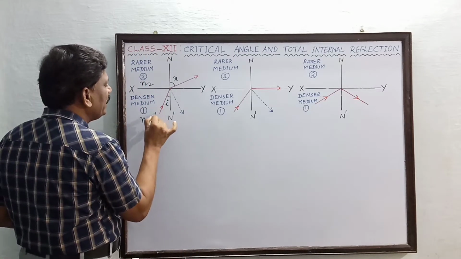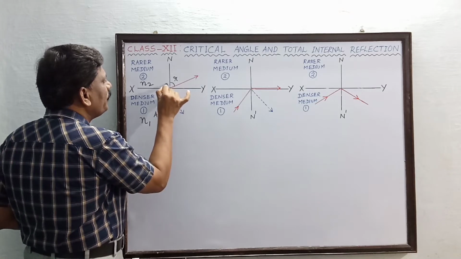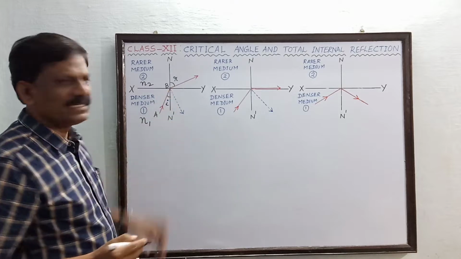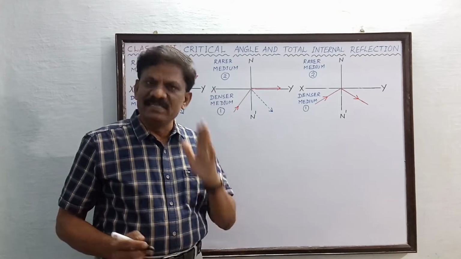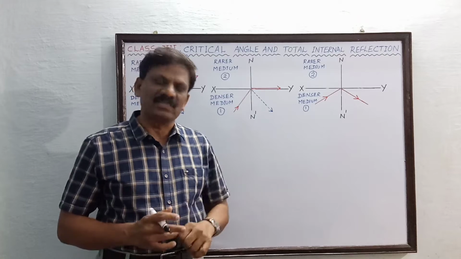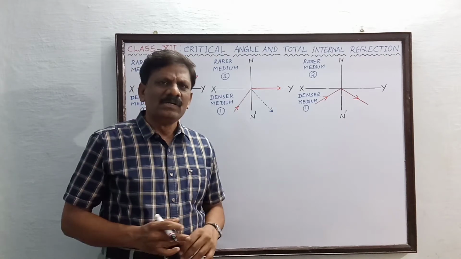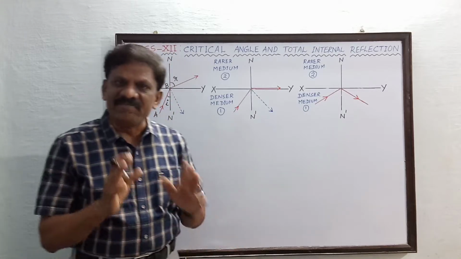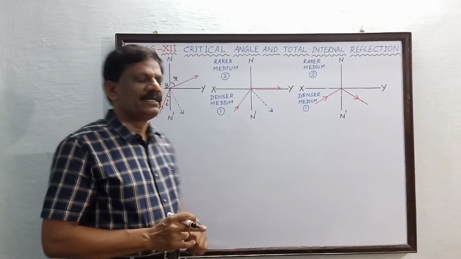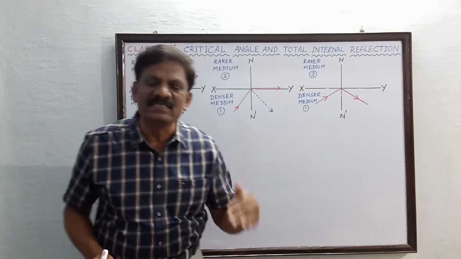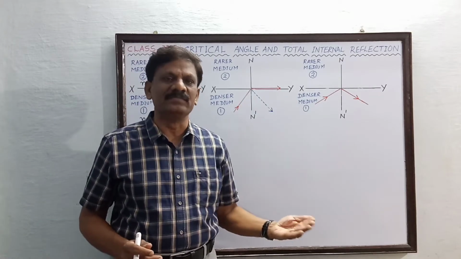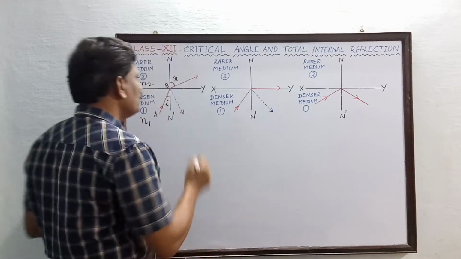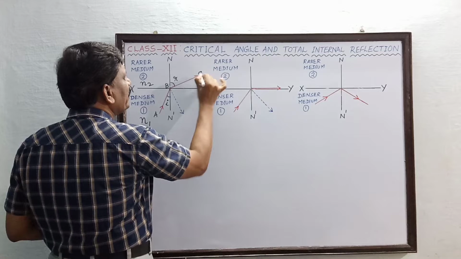So AB is the incident ray. A ray of light AB is incident on the interface XY. Because of the change in the medium, the light is undergoing refraction at the surface XY. Since the light is coming from the denser medium into a rarer medium, the light will deviate away from the normal. You see here, BC is the refracted ray.